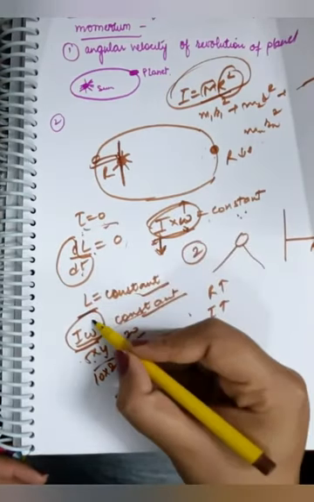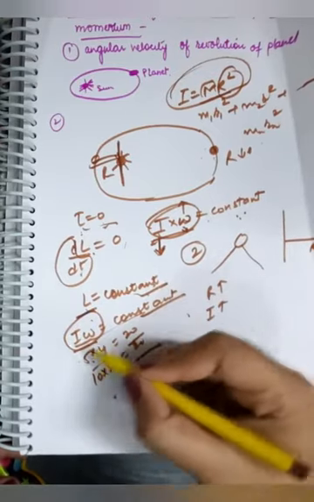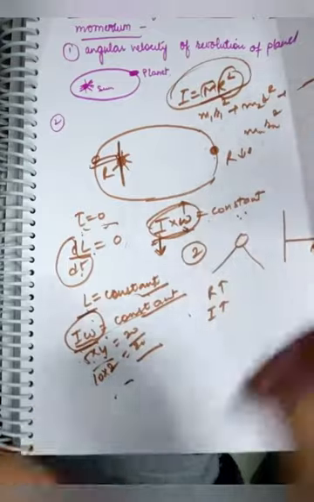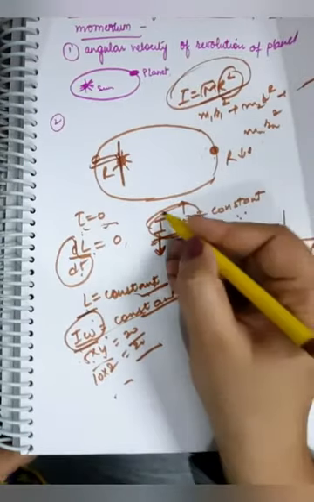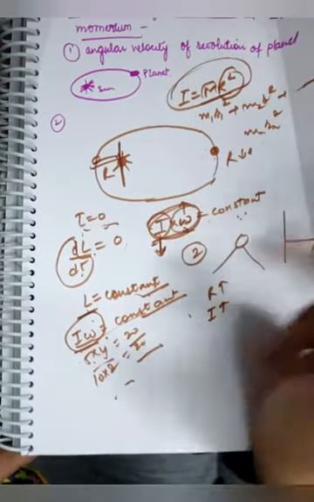So angular momentum has to remain constant. If angular momentum is constant, the product I omega is constant. But if you are stretching your legs, you are increasing R, you are increasing I, so omega will automatically decrease to keep this product constant.